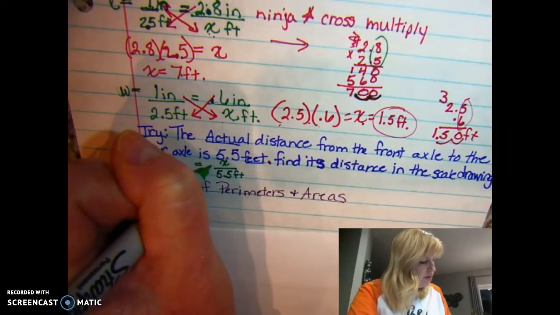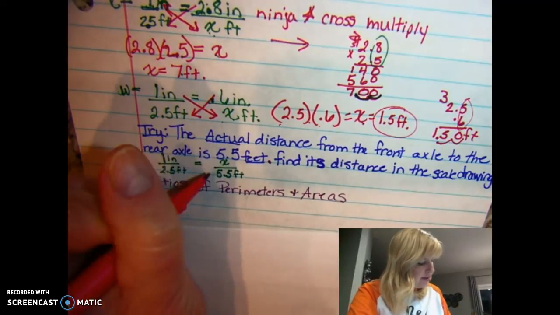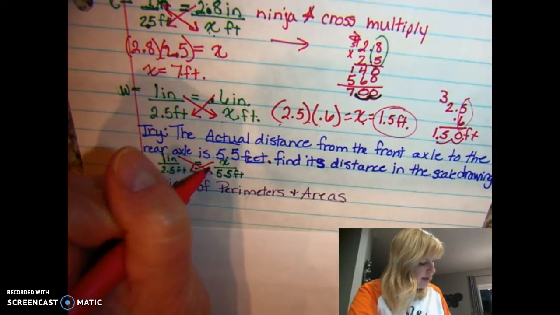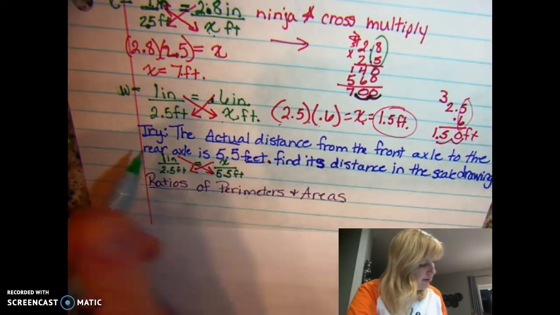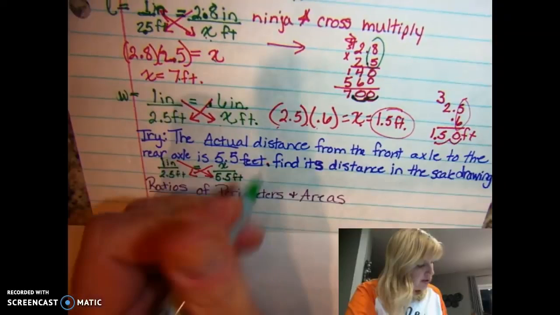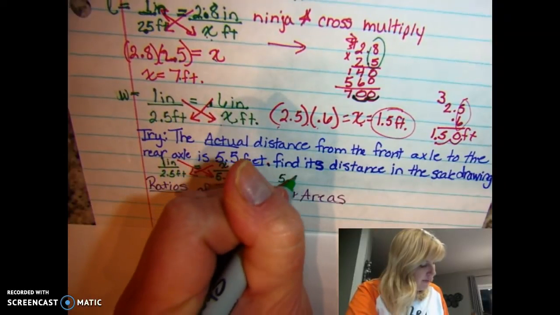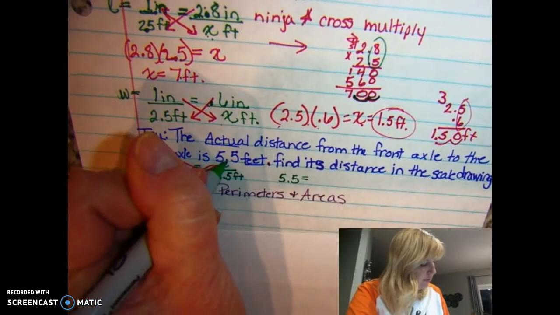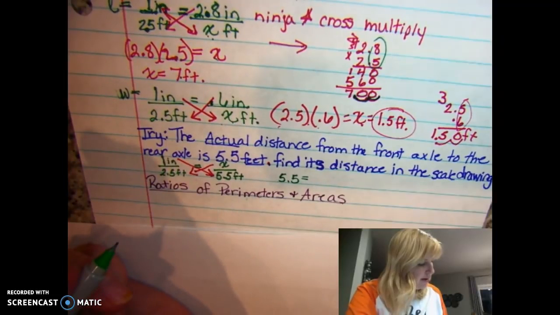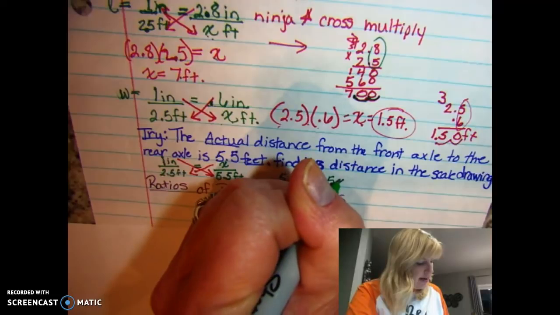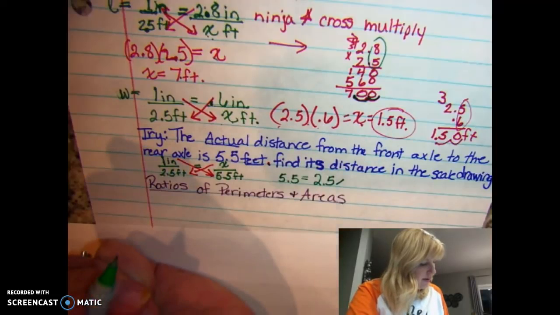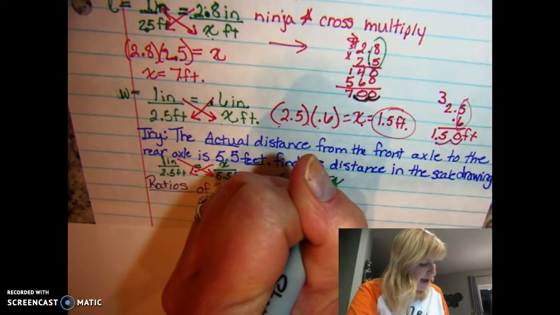So when we do the crisscross ninja star multiply like this, we get on one side of the equation 5.5 equals, and then if we combine these two, it's 2.5 times x.